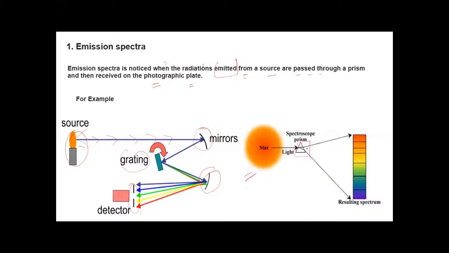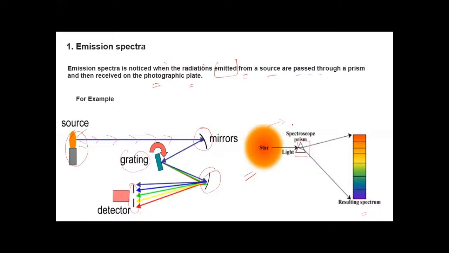It will disperse the light, and we obtain a pattern of color. This pattern is the spectrum. So we call it an emission spectrum. Why do we call it emission spectrum? Because light is emitted.